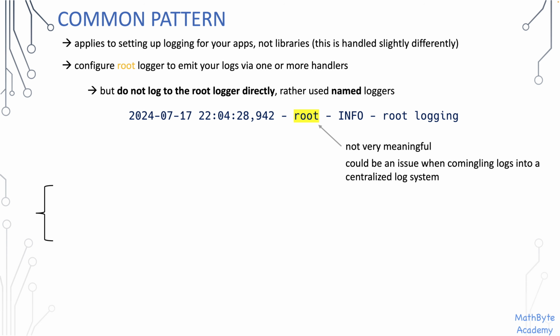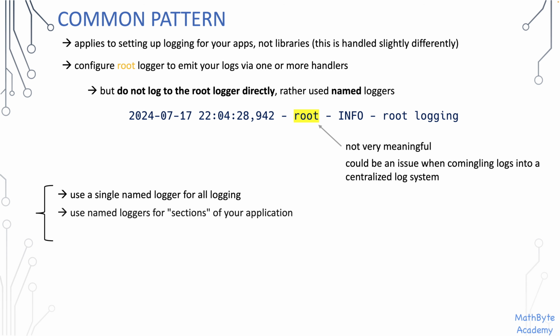We use named loggers. And as I mentioned, we have different possibilities. We could use a single named logger for all logging in our application. Very simple and straightforward way to do things. We could use named loggers for sections of our applications. Like, for example, you saw I had services, and then for services I had microservice 1, microservice 2.